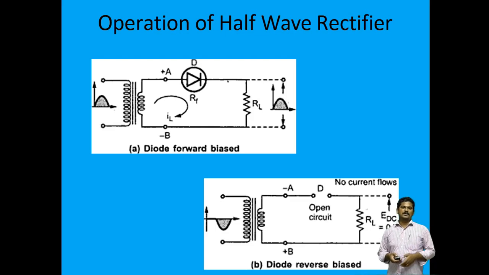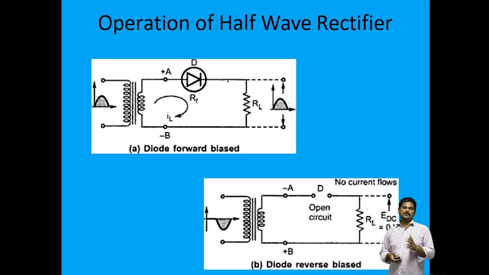Now coming to the operation of the half-wave rectifier. The input AC signal contains a positive half cycle and a negative half cycle. Whenever the positive half cycle arrives at the anode of the PN diode, the diode is forward biased and allows the positive half cycle.